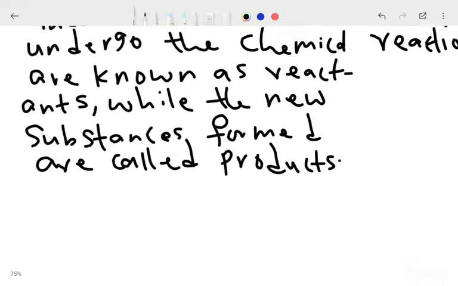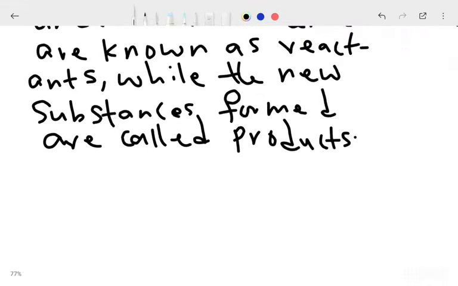Now, from the starting, I said before a chemical reaction can occur, there must be coming together of different substances, isn't it?